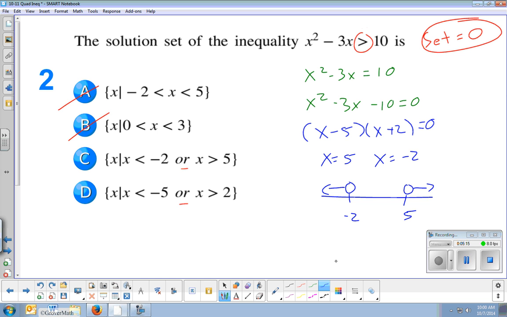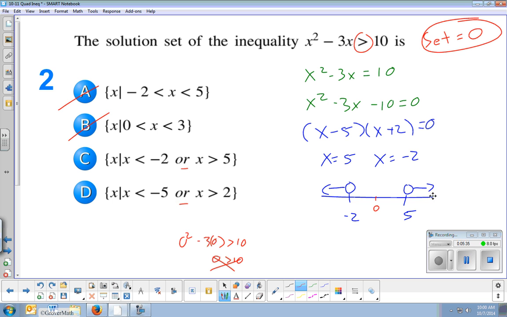But again, as I mentioned in the previous problem, we could do a test. So say we test 0, something in the middle. You plug in a 0 here, you're going to get 0 squared minus 3 times 0 is greater than 10. That's 0 and 0, so you end up with 0 greater than 10. This is a false statement, so it makes sense that 0 is not in there.